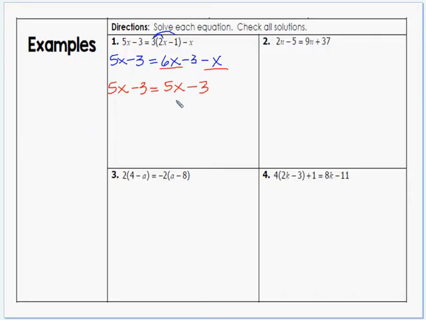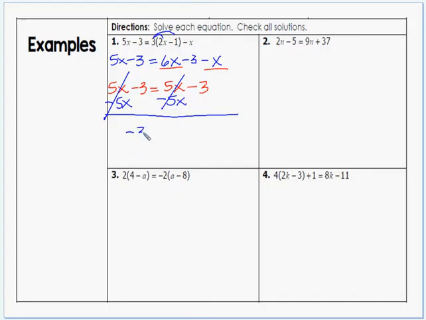Now, we're still going about and we're still trying to solve for x, so I'm going to move my 5x over to be on the other side. And when I do this, the first side that I did that from, it cancels. That was what I was trying to do. But notice on the other side, we get the same situation. 5x minus 5x cancels and leaves us with no x's.